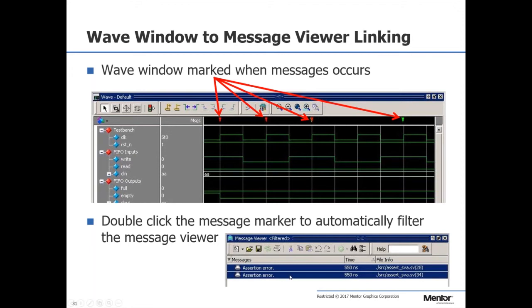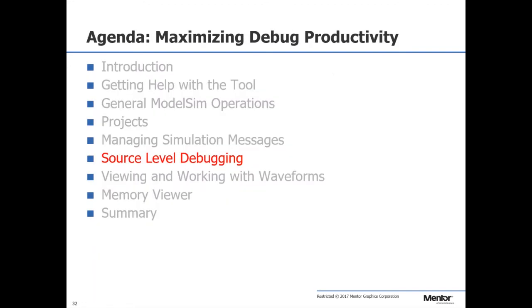Or I can double click on it and it'll go over to the message viewer and show me what message was put out at that particular time. So it's a way to go back and forth between the messages and the wave window, and it can be useful.